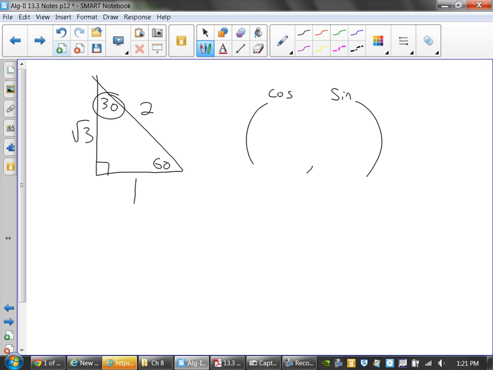So the cosine of 30 is root 3 over 2. I'm just making a list. The sine of 30 is 1/2. That's all I'm asking you to be able to do. If you can draw the triangle, you can fill in the ordered pairs. They just mirror it.